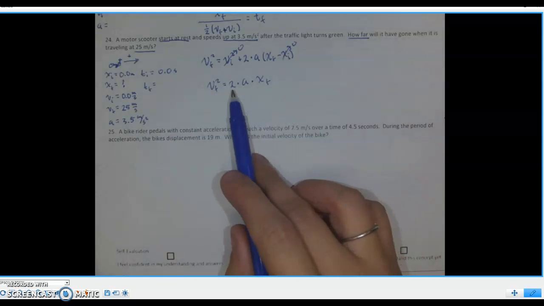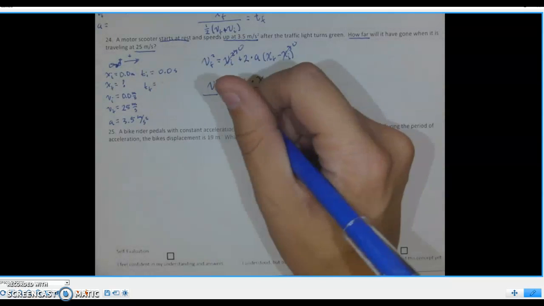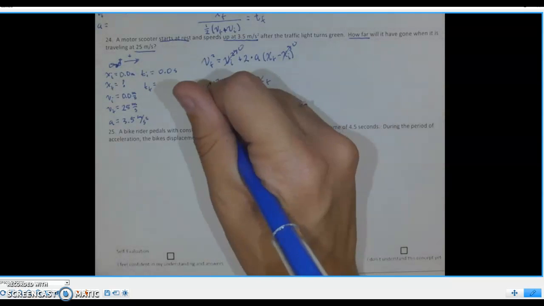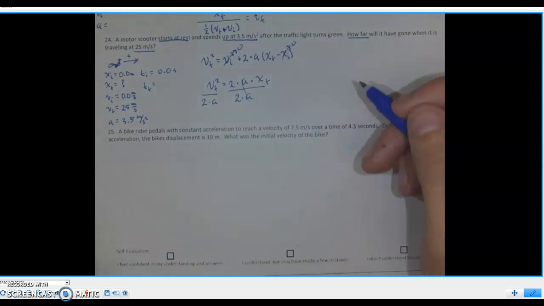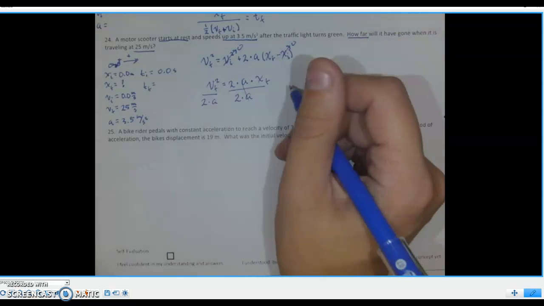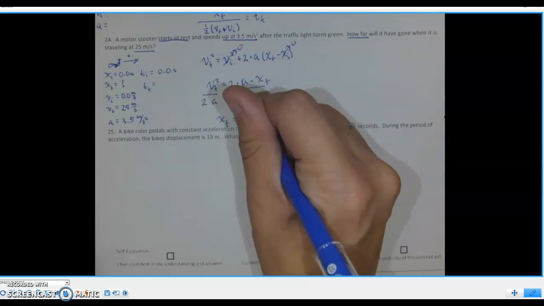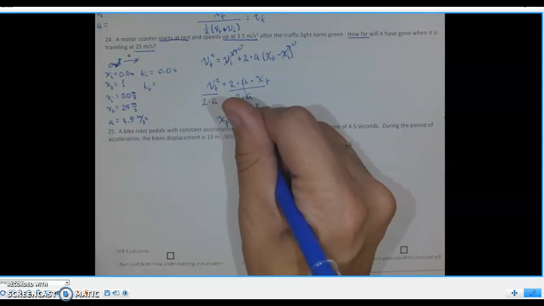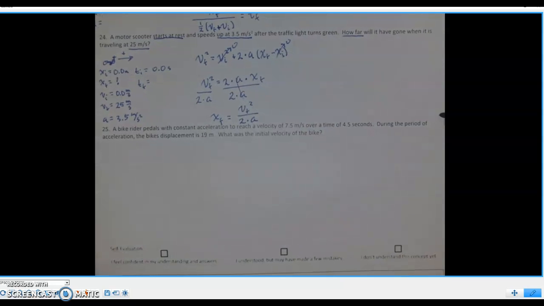Right now it's multiplied by 2 in acceleration, so I'll divide both sides by 2a so that it'll cancel here. So what I'm left with is x final equals velocity final squared divided by 2 multiplied by acceleration.